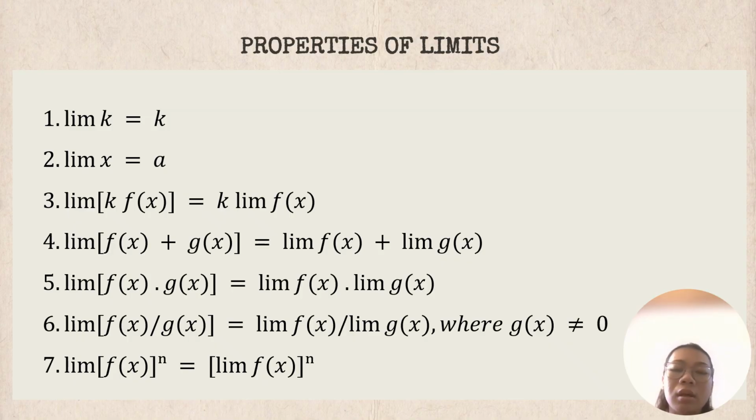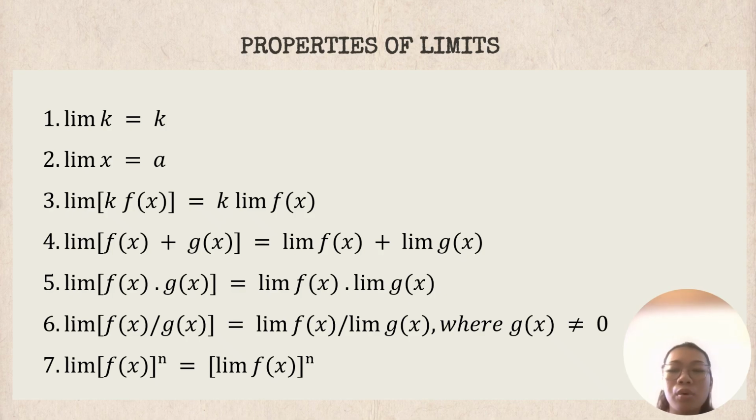Now let's discuss the properties of limits. Limit operations follow several important rules. These properties allow you to calculate limits more efficiently. For example, the limit of a sum is equal to the sum of the limits. Similarly, the limit of a product is equal to the product of the limits.